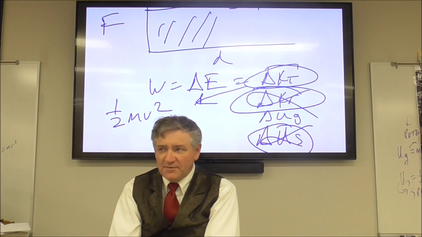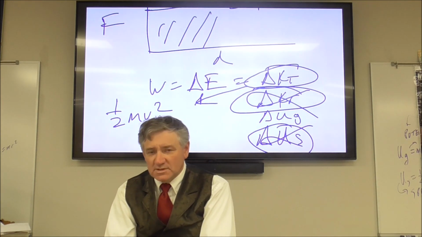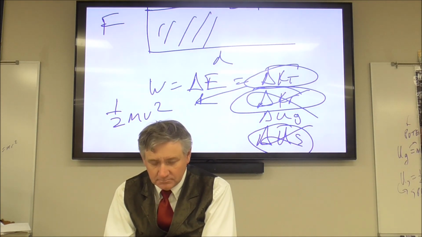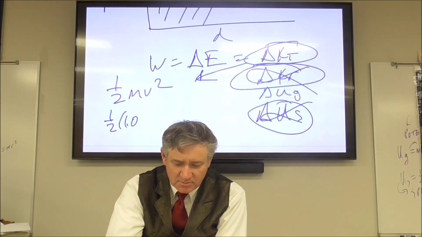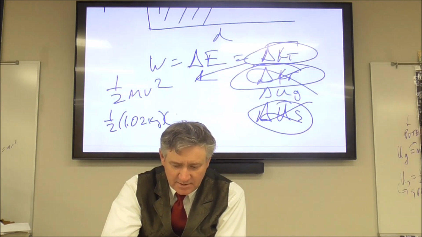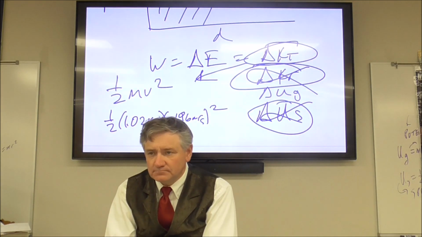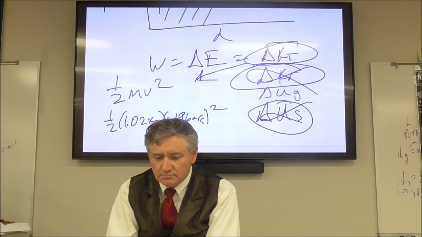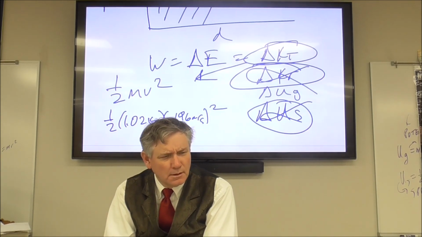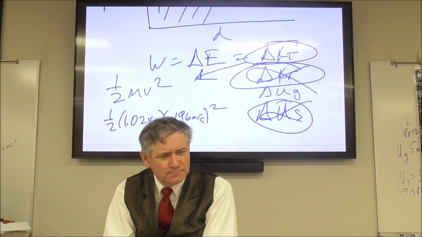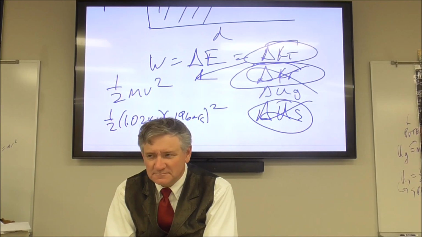We could find the kinetic energy once it gets shut off. True? Yes. So somebody take 1/2 times 1.02 kilograms times 196 meters per second, squared. There's a 1/2 over there.